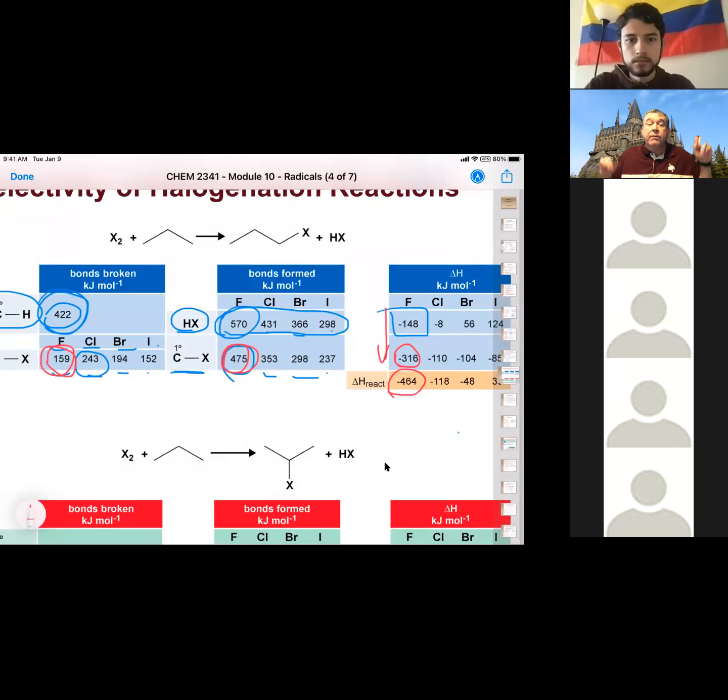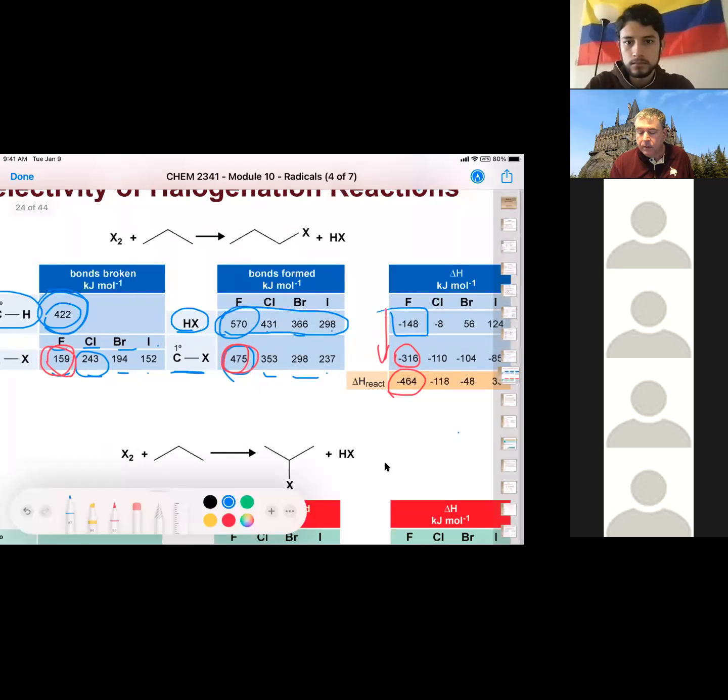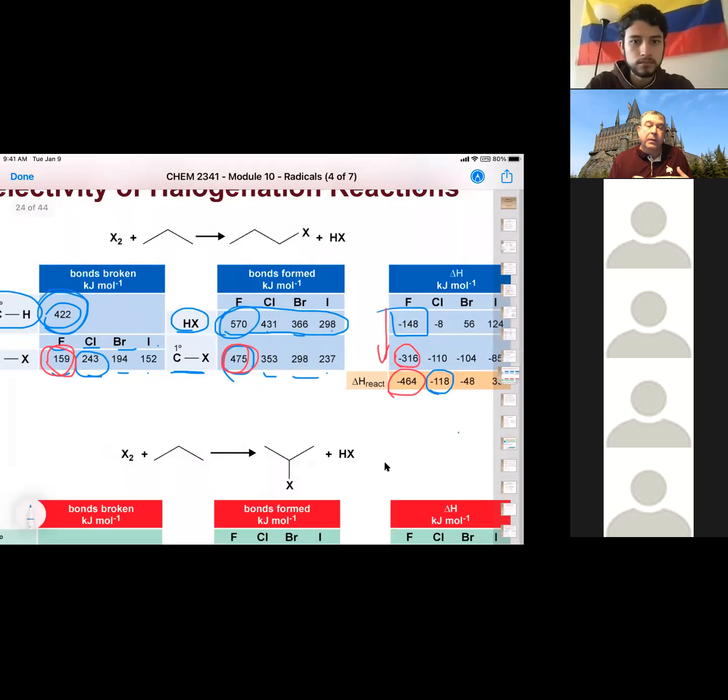Notice for fluorine we have a very high enthalpy. We give off massive amounts of heat. It's really, really exothermic, 463 kilojoules per mole. When we go to chlorine, it's still exothermic, but not as exothermic. So we might start to say, okay, it's less hot, so it's going to react a little slower. Once we get to bromine, it's barely exothermic at all.